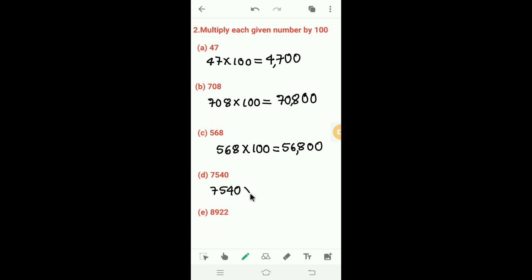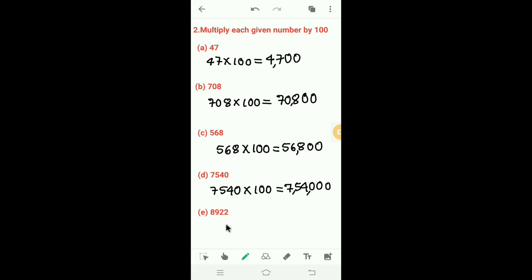Next D1, 7,540 into 100 is equal to, write given number as it is, 7,540 and write 2 zeros at the end of the number. So the answer is 7,54,000.